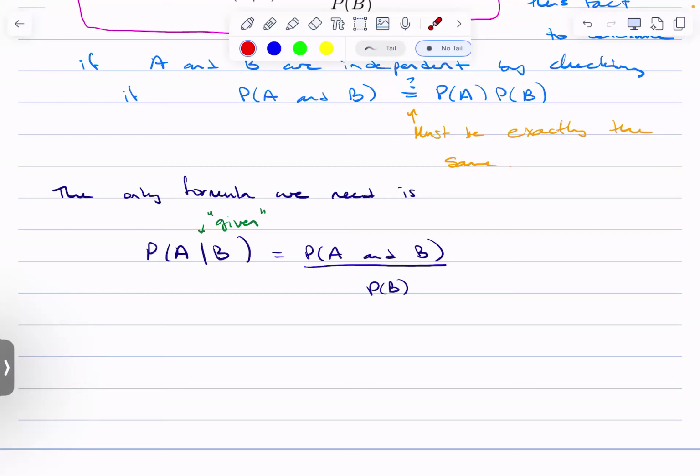These are just placeholders for numbers between 0 and 1. You could rearrange this and multiply the probability of B over to the left-hand side. So we can rewrite this as the probability of A given B times the probability of B is the probability of A and B.